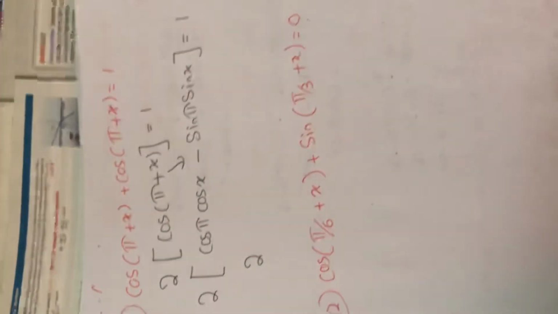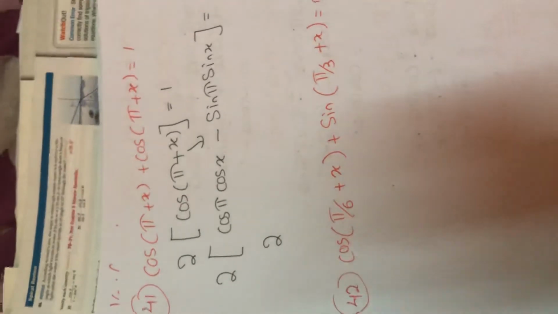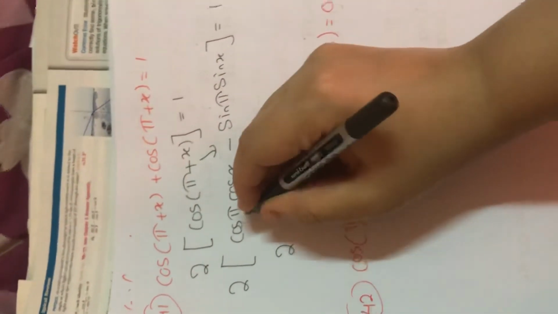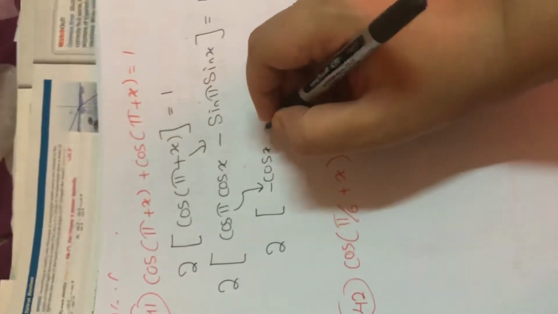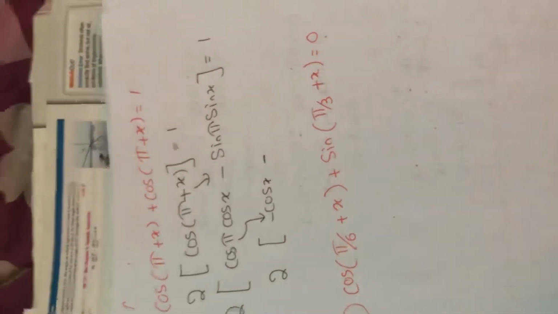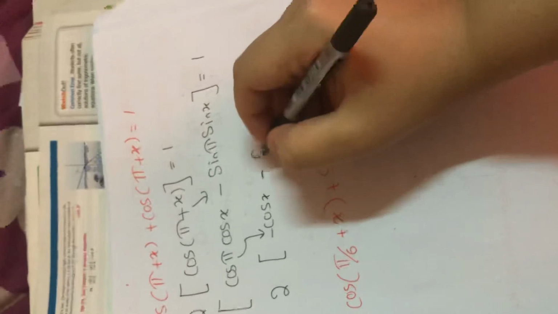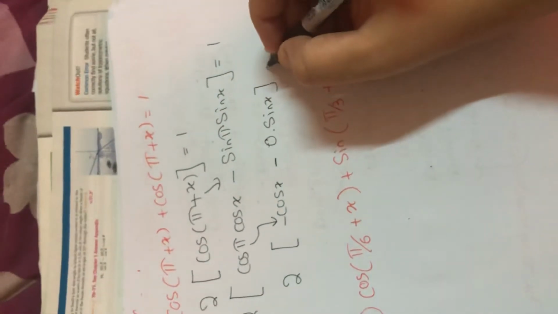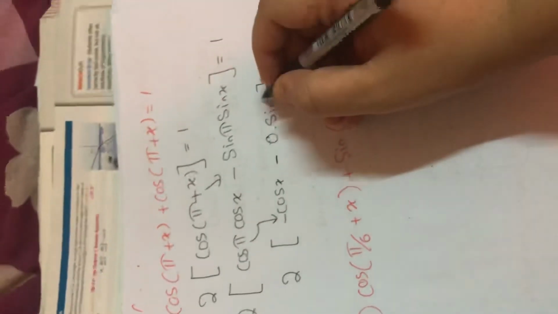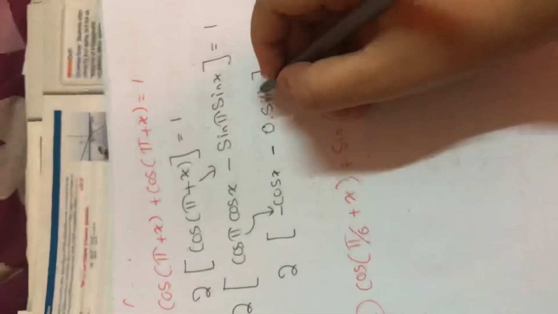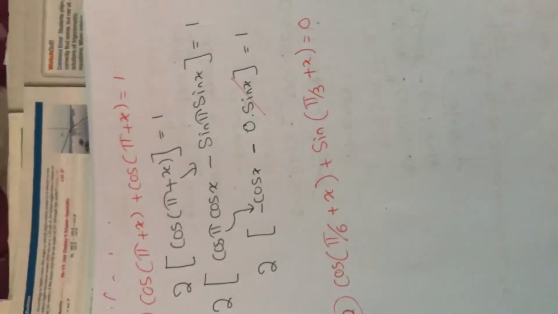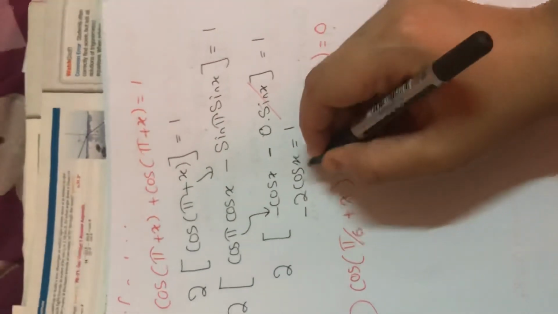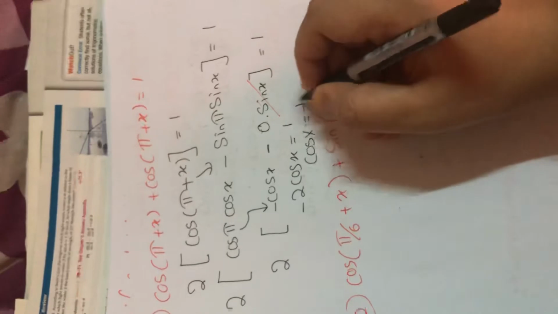What is cosine at 180? Cosine at 180 is negative 1. So negative cosine x, I change this to negative 1. Minus sine at 180 is 0, because I didn't move up, sine x equals 1. So this is gone, and I am left with negative 2 cosine x equal to 1, or cosine x is equal to negative half.